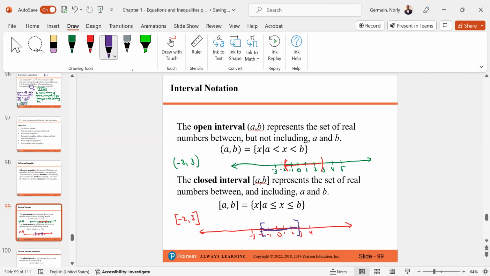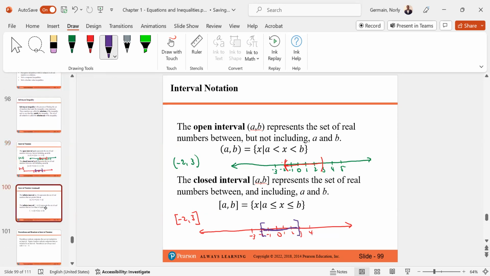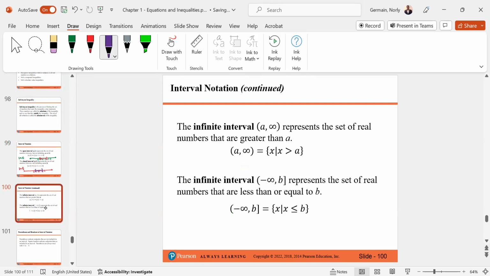Okay. Now that you see how to use open interval and closed interval, you can also be in a situation where you have a semi-interval. So let's say it might be closed on one side and open on the other side, etc. We have so many different notations.